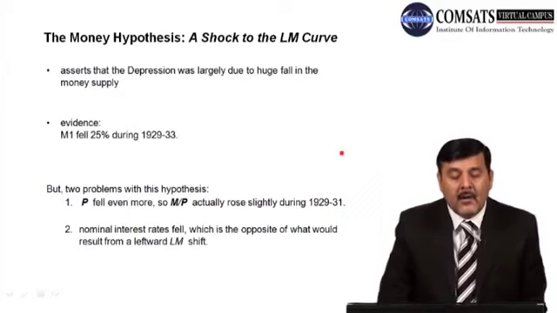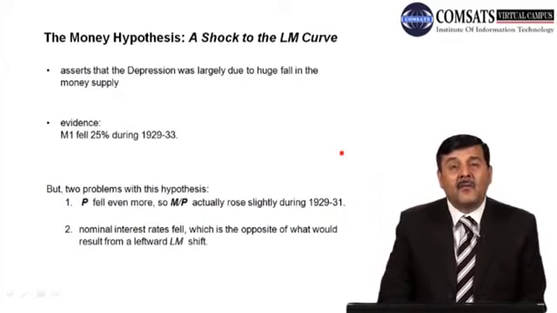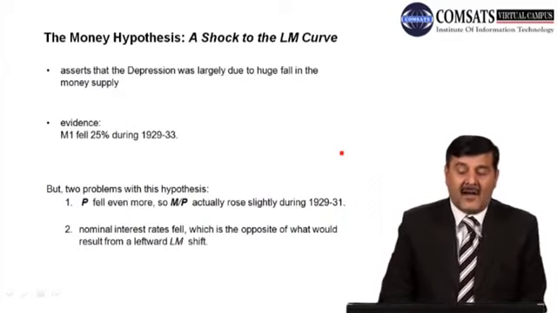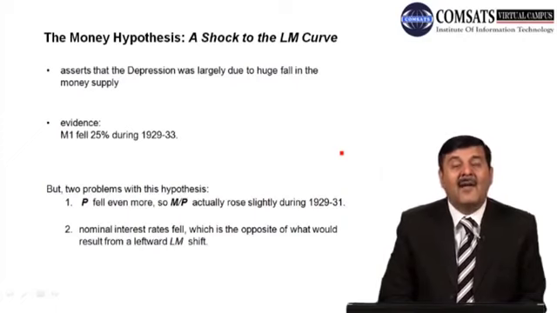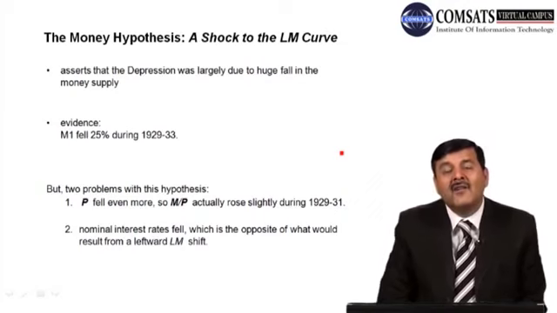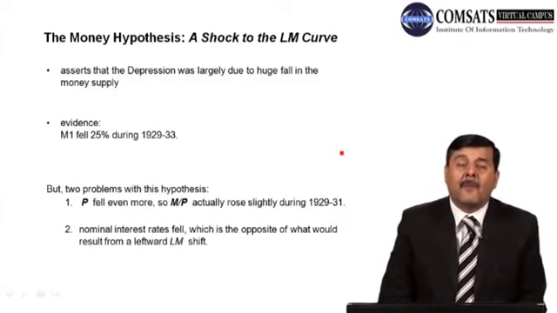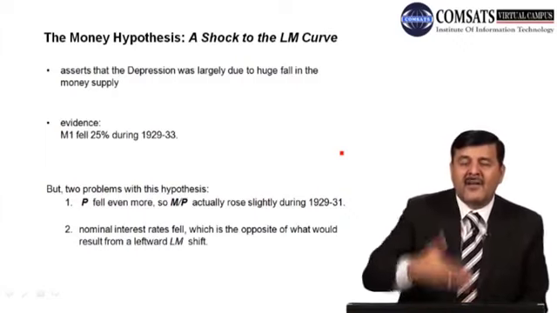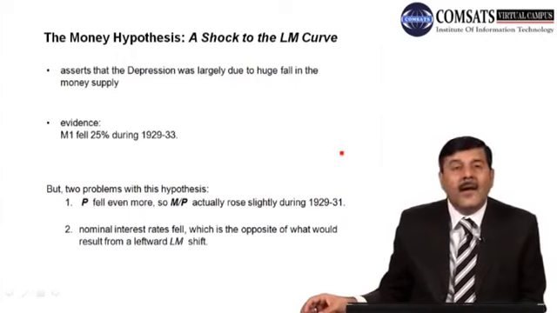Number 2, nominal interest rates fell, which is the opposite of what would result from a leftward LM shift. तो nominal interest rate में कमी वाक़या हुई, which is normally the opposite or in contrast to the leftward shift in the LM curve.